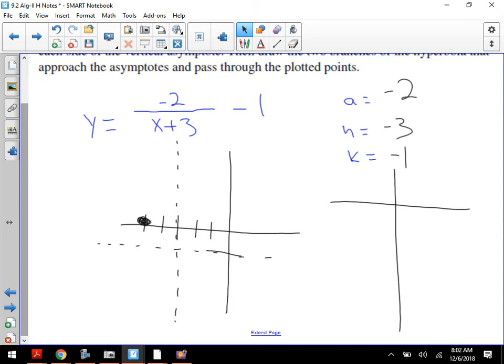What's -4 plus 3? -4 plus 3 is -1. We okay with that? -2 divided by -1 is 2. And then what's 2 minus 1? 1. So at -4, it is at 1. That's what I'm doing. I'm picking numbers that'll work. So at -4, it's at +1.